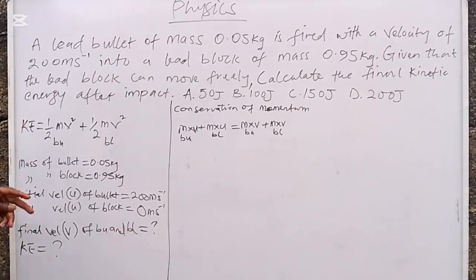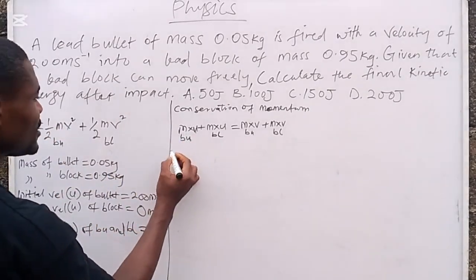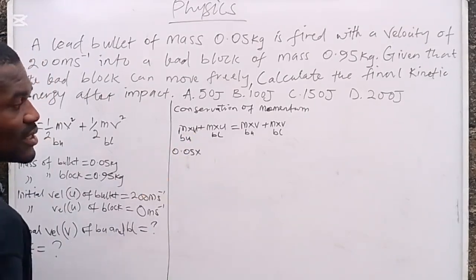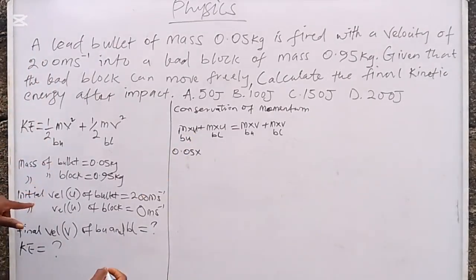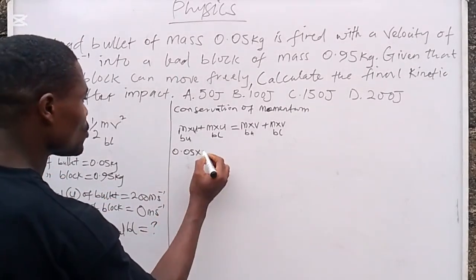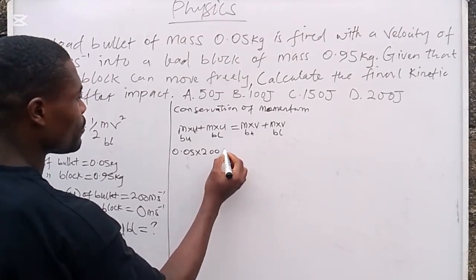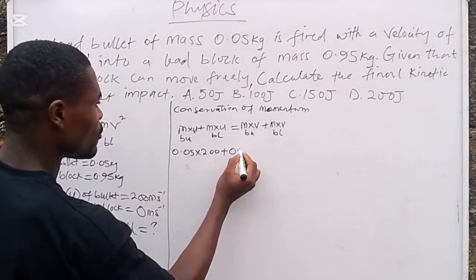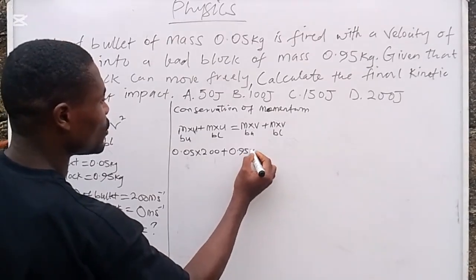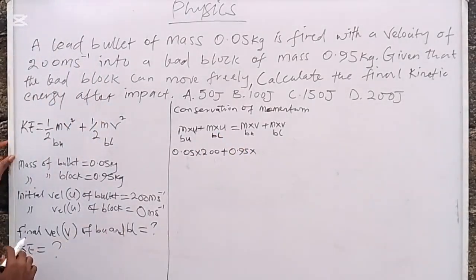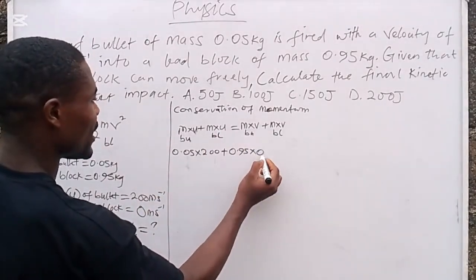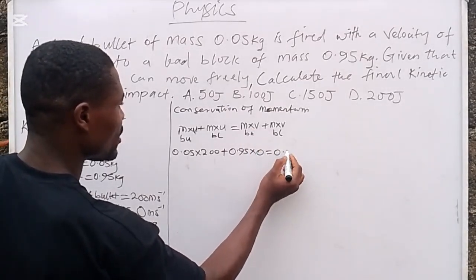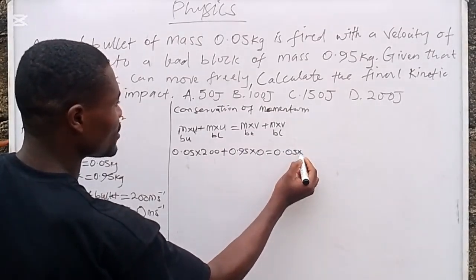Now from what is given here, the mass of the bullet is 0.05 times the initial velocity of the bullet, which is 200, plus the mass of the block, 0.95, multiplied by the initial velocity of the block, which is 0, equal to the mass of the bullet, 0.05, times v.